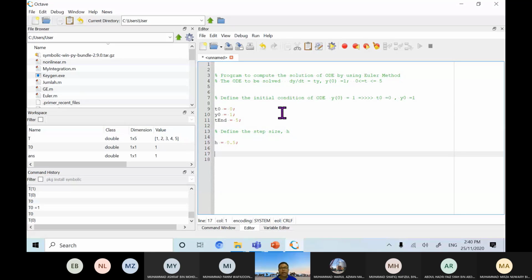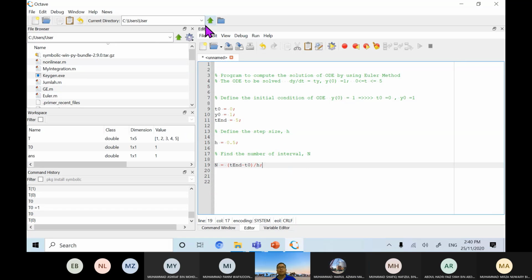And after that, I will find the number of interval, which is your n tu lah. N is only by deducting your Tn minus T0 over H. So nampak tak bila saya dah tulis ni, you dah faham sebab saya dah jelaskan apa itu N, apa itu H. Kalau tidak nanti you tak faham. Boleh?